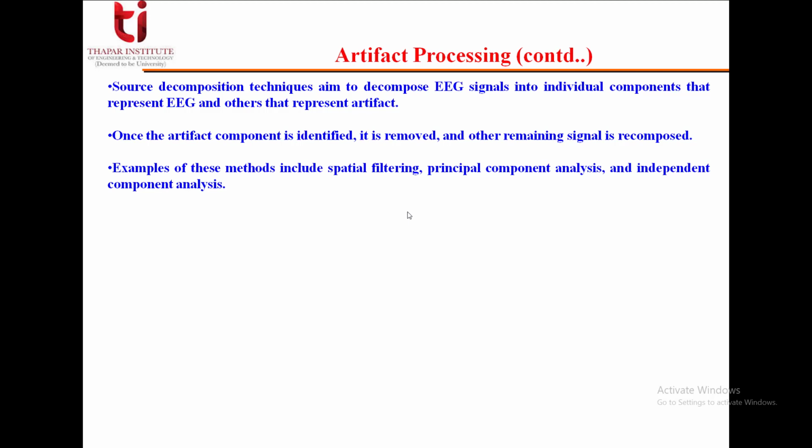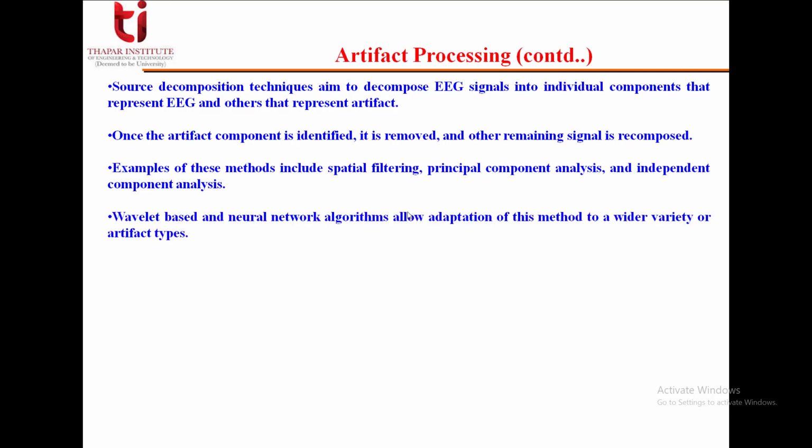Examples of these methods include spatial filtering, principal component analysis, and independent component analysis. We'll discuss some of these in later lectures. Also, wavelet-based and neural network algorithms allow adaptation of this method to a wider variety of artifact types.